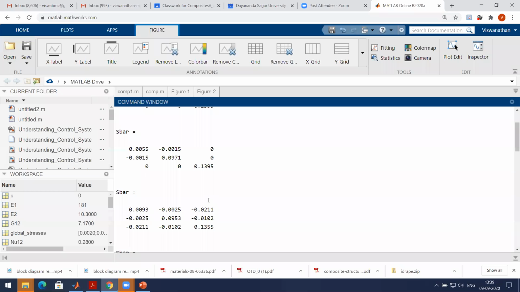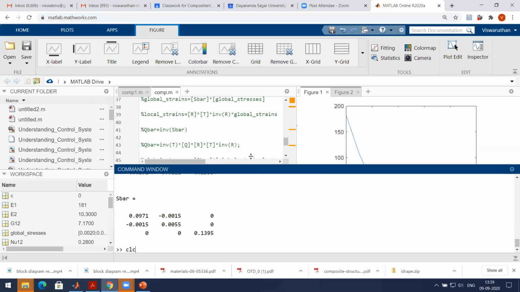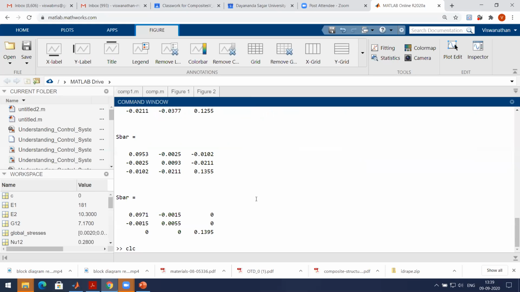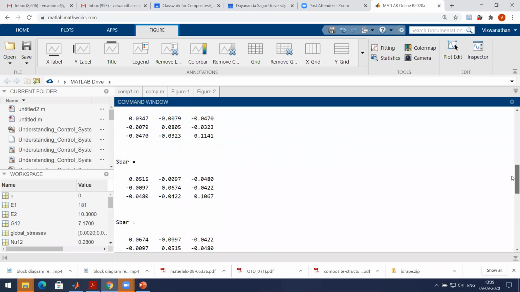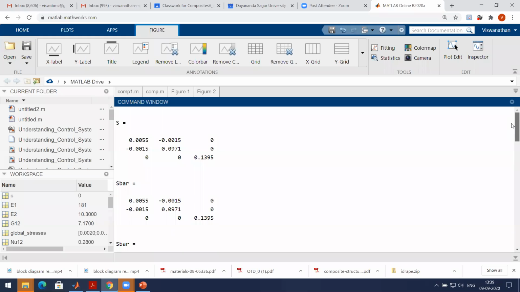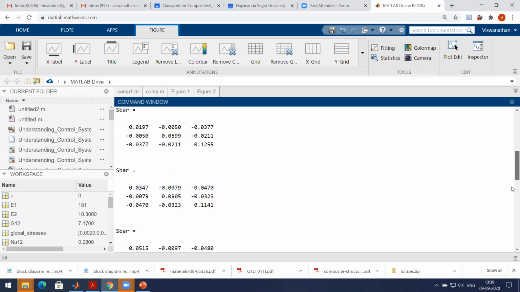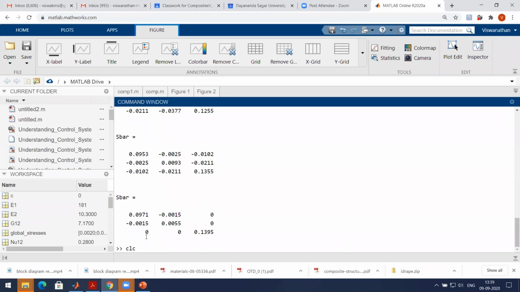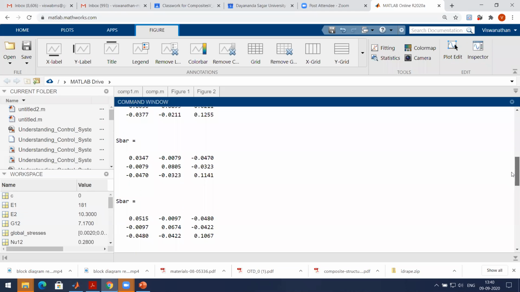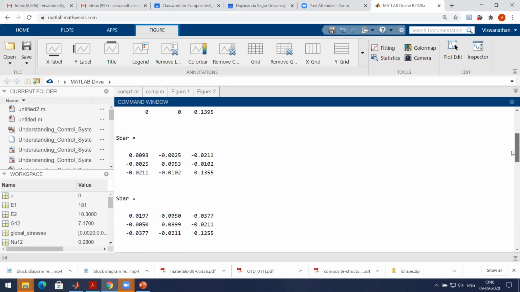Okay, what do you mean by this? What do you understand by these non-zero terms? You see at 0 degree lamina, you have these terms as 0, and also at the 90 degree, you have these terms as 0, but 10 to 80 degrees, you don't have those terms as 0.